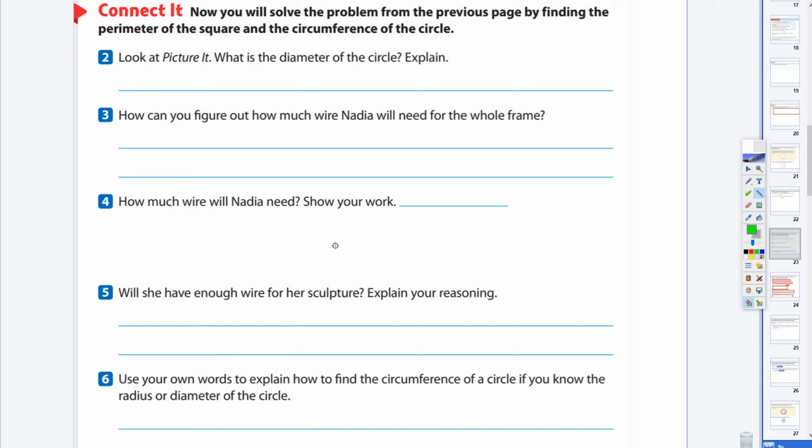And please explain your reasoning. And then question 6, use your own words to explain how to find the circumference of a circle if you know the radius or diameter of the circle. I would pause this video and answer these questions, and then unpause it, and you will see the answers as we're going to go step by step.